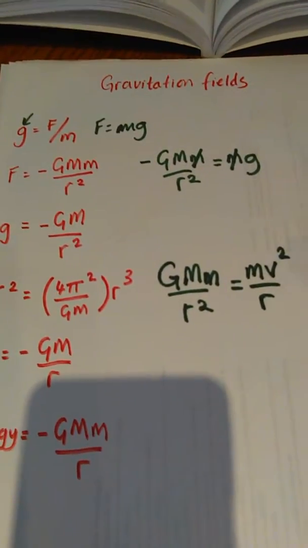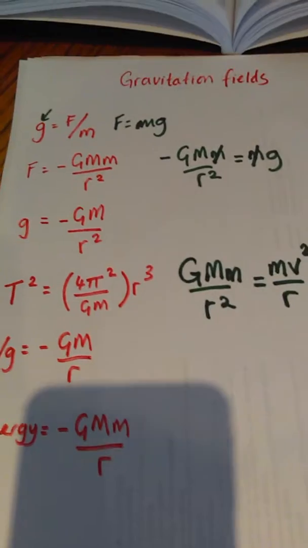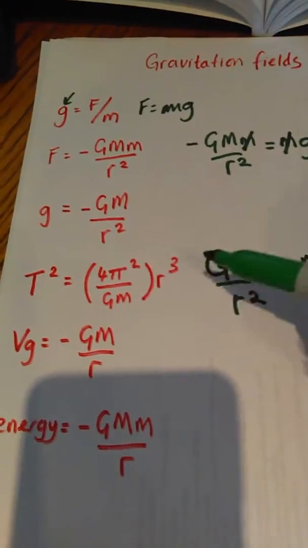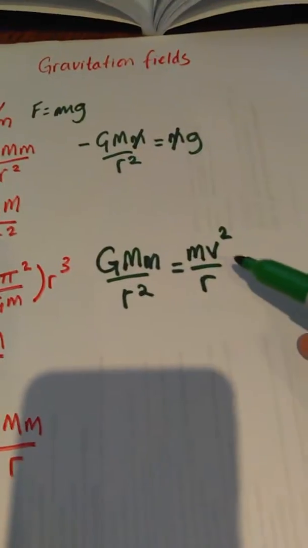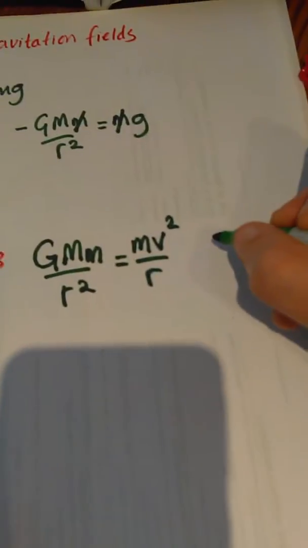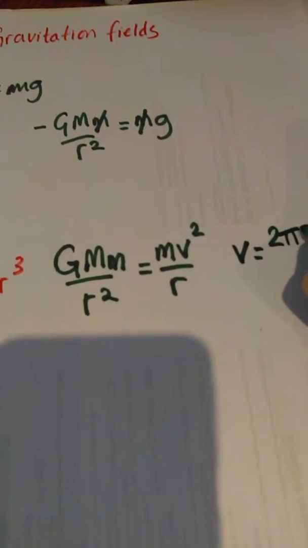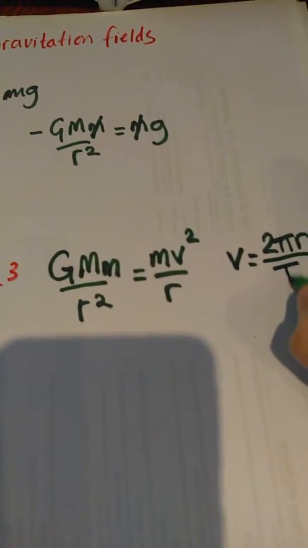You can see we can start cancelling out some of the things. However, we want T in our equation, and we've got v squared, so we're also going to use the equation that v is equal to 2 pi r over T.